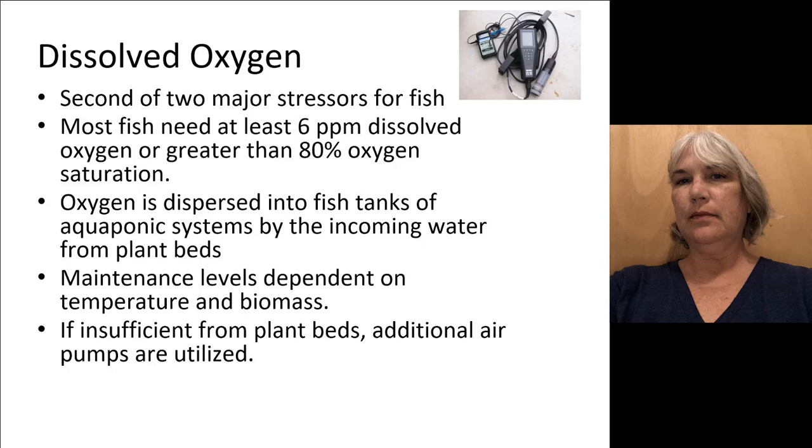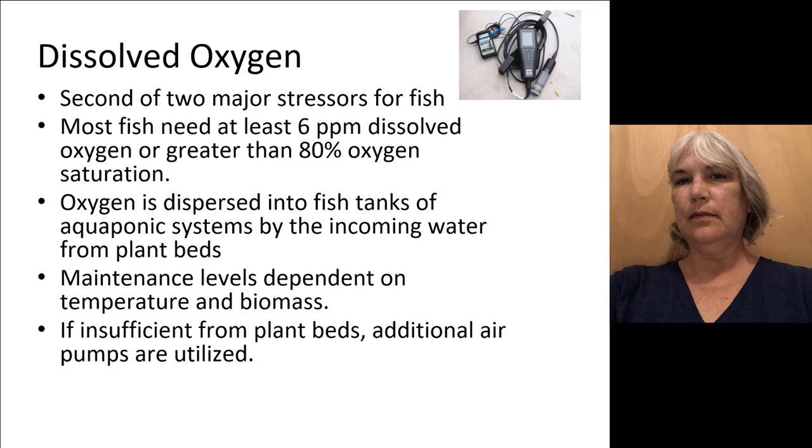Dissolved oxygen. This is not only important for our fish, but it's also important for the roots of our plants and also the bacteria that drive this whole system. For fish, we want at least 6 parts per million or 80% oxygen saturation. Most of the time, the oxygen is dispersed into an aquaponic system in the coupled system by the incoming water from the plant beds.